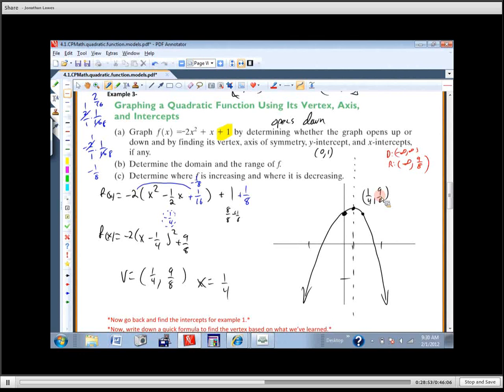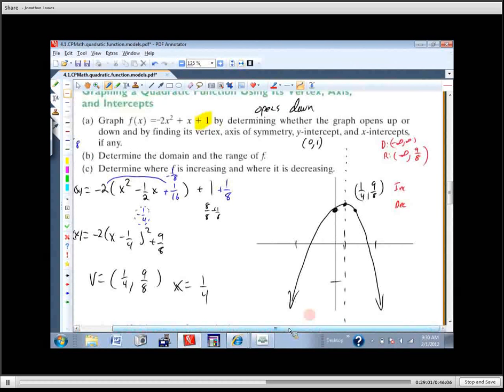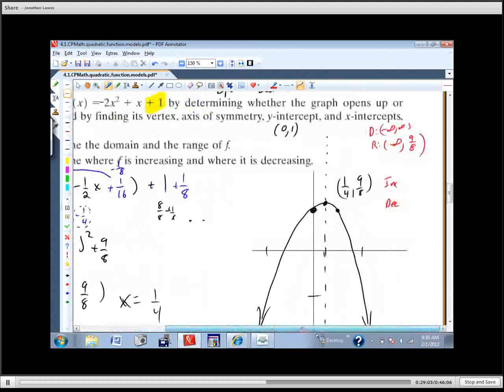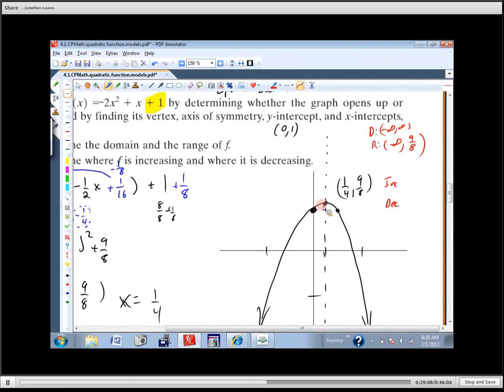Okay? And then let's talk about increasing and decreasing. It's increasing over here and then decreasing over here. So it's increasing from, remember it's a where, so these are x coordinates, from negative infinity to 1/4.